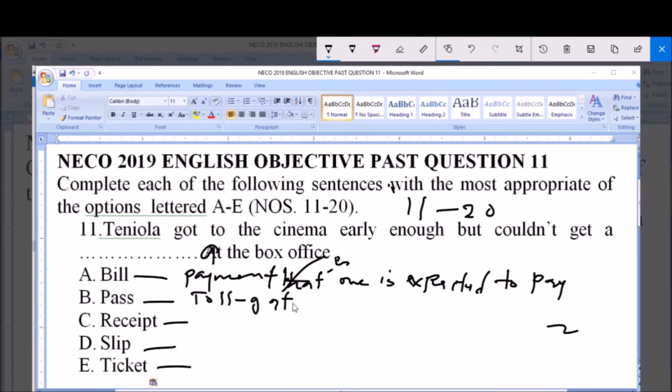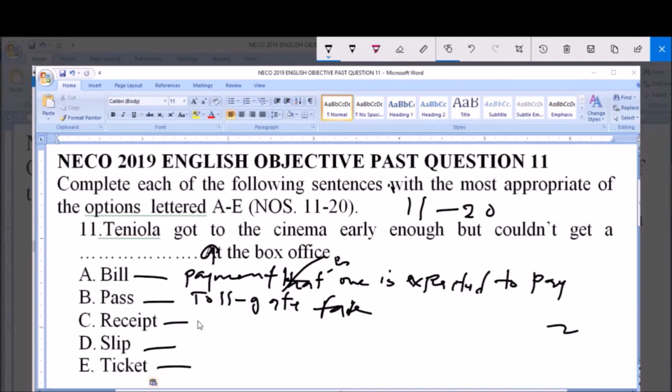You know, in Lagos, like from Lekki Ikate to Lekki Phase 1, there is a toll gate. When you get to a particular toll gate, you have to buy a pass or pay. Some people pay daily, some weekly, some monthly. Those people that pay monthly and yearly usually have a pass. So it's like a toll gate fee, and that is what pass is.